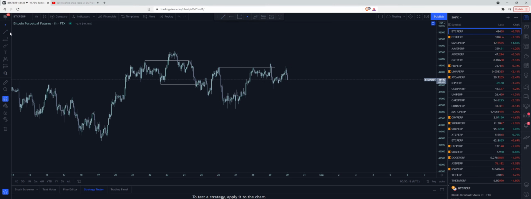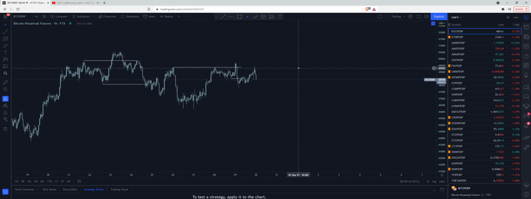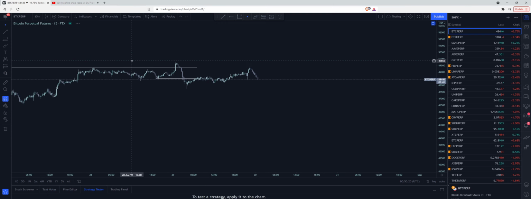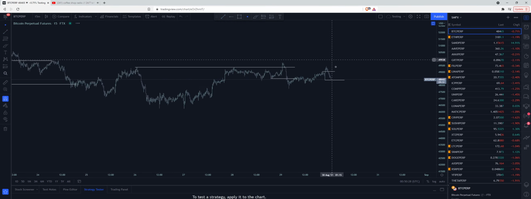And then we break below again. Now if we jump on to the 15-minute chart, you can see we formed a similar pattern. So an easy plan once this low has been taken would be to wait for a close, short back into it, and then look for the drop.